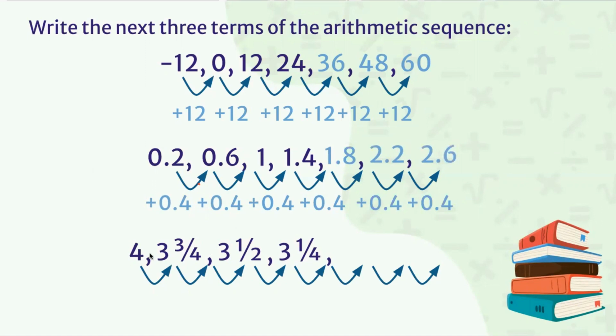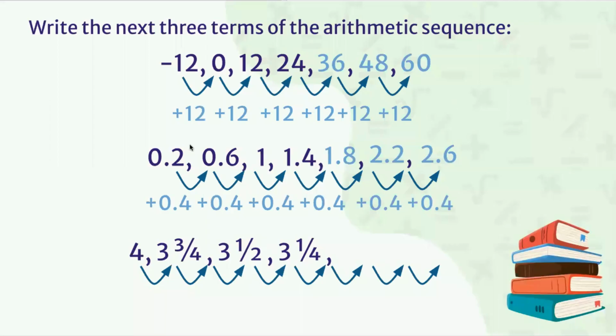And for our last arithmetic sequence, we have 4, 3 3/4, 3 1/2, and 3 1/4. So let's go ahead and first find our common difference. Looking at our sequence, to get from 4 to 3 3/4, you're going to subtract 1/4.